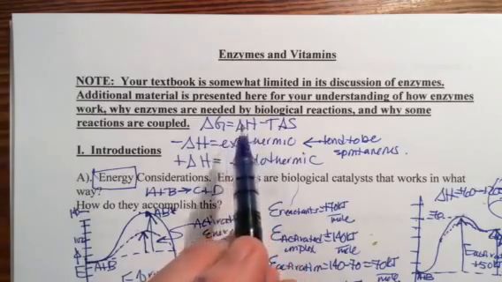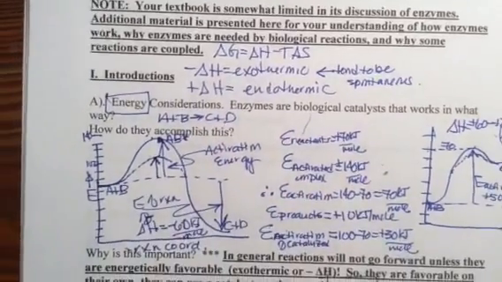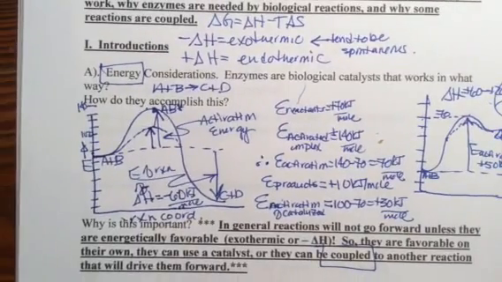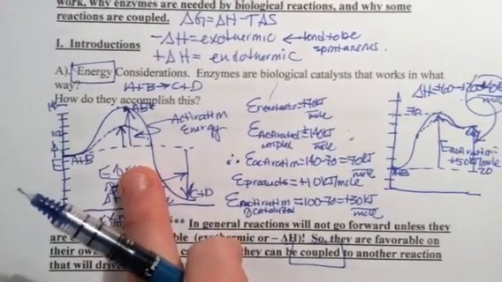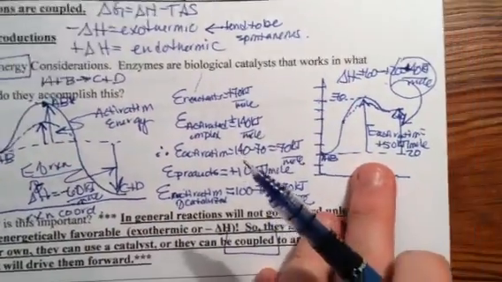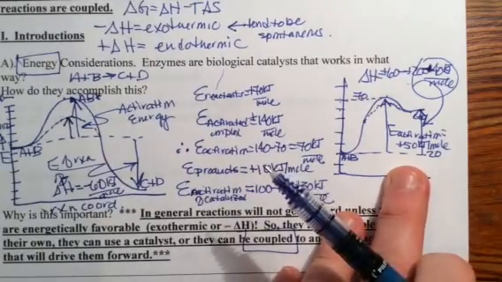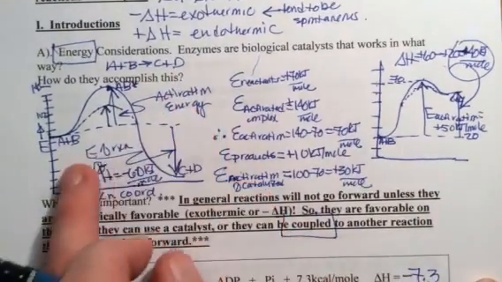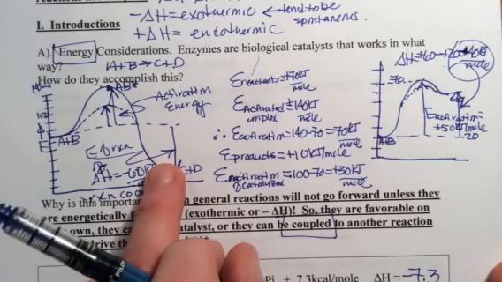The upshot of it here is that we can look at energy graphs such as these two that I put on your notes, and we can actually calculate the actual value of the activation energy and the enthalpy of reaction.